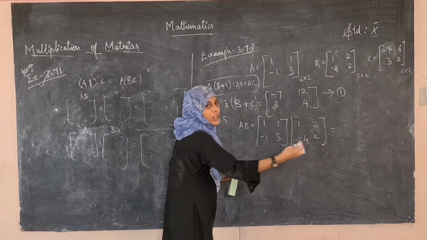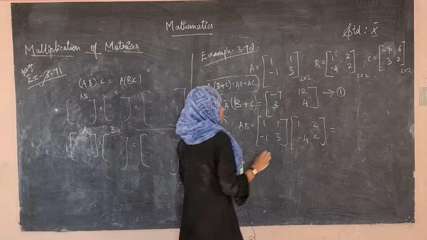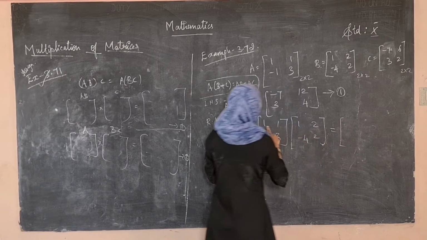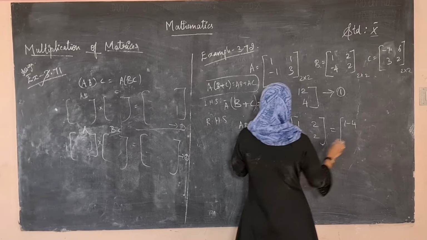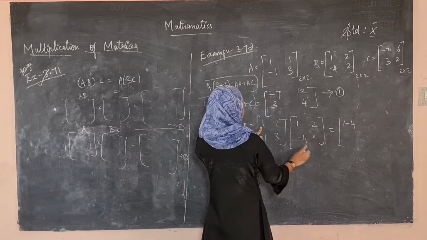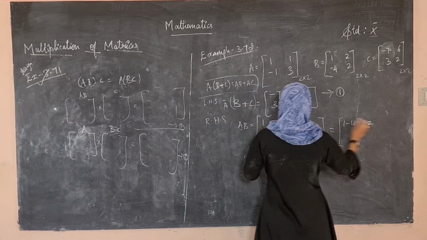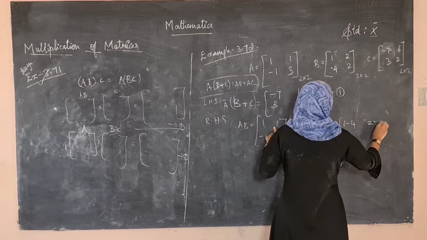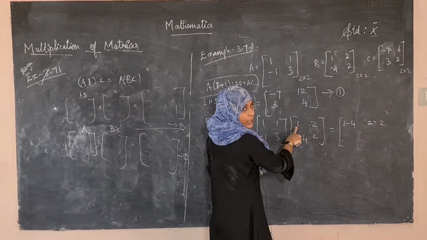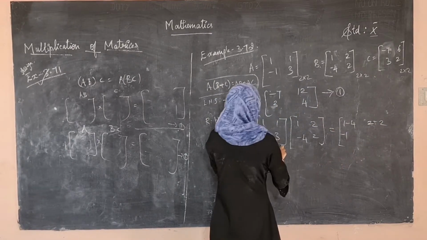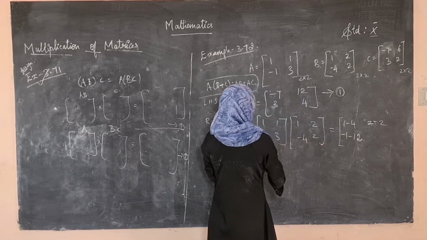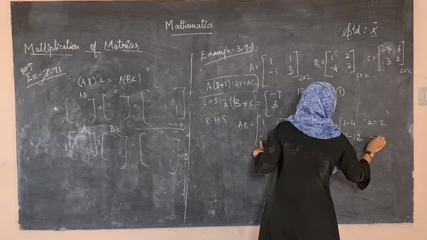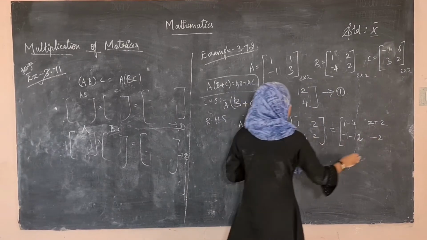The resulting matrix will be of order 2 cross 2, so 4 elements. 1 into 1 is 1, 1 into minus 4 is minus 4. Then first row, second column: 1 into 2 is 2 plus 1 into 2 is 2. Minus 1 into 1 is minus 1, 3 into minus 4 is minus 12. Minus 1 into 2 is minus 2, 3 into 2 is 6.